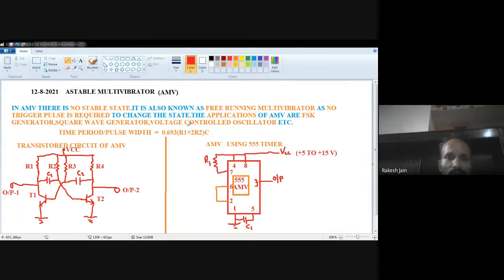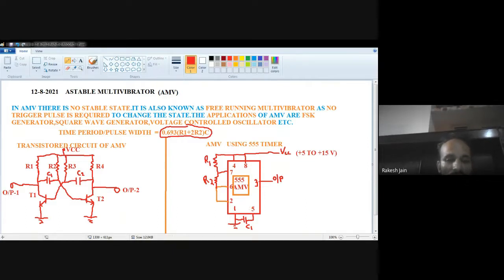For the formula I am talking about, this is R1. In between pin 7 and pin 6, which is shorted with the second pin, the resistor R2 is connected.